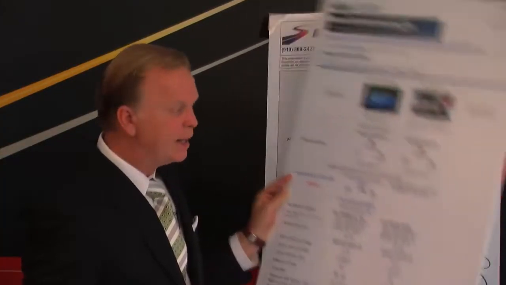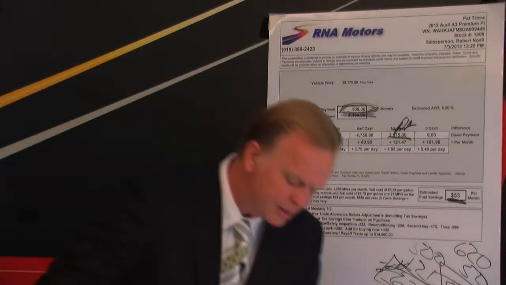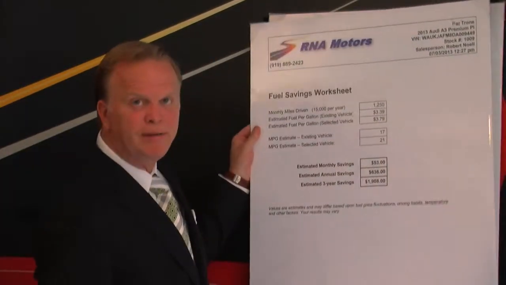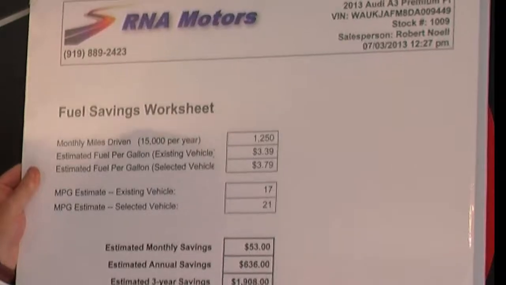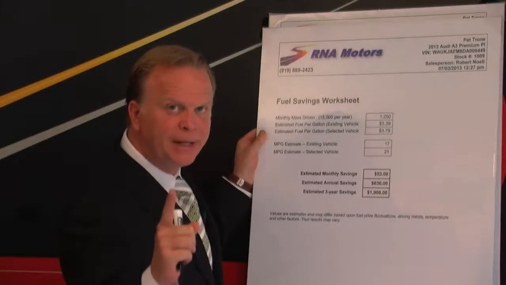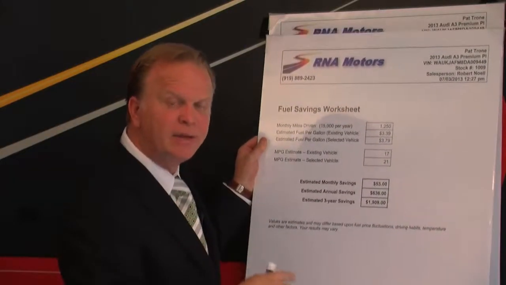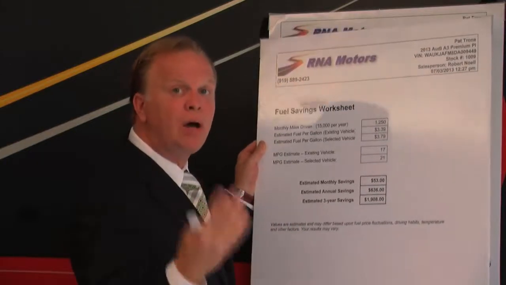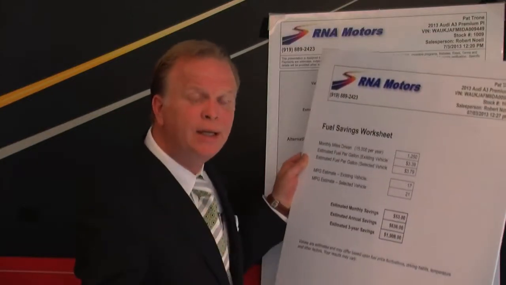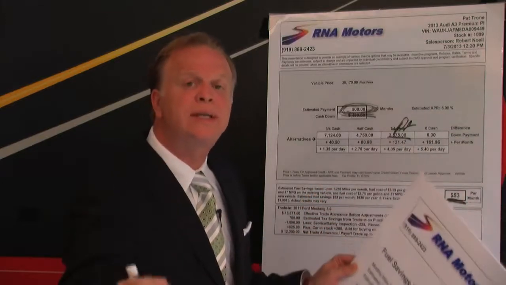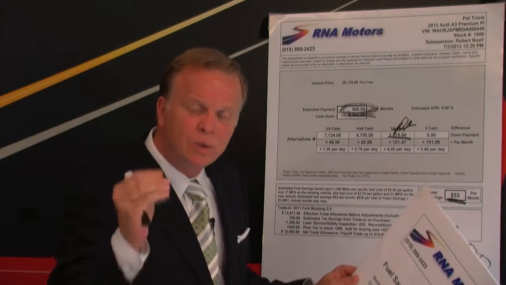They can't argue with that. Accurate numbers. And we have the fuel savings worksheet. So we have more than one piece of information. Right? We have a strategy that involves continuing to sell. We're still selling.